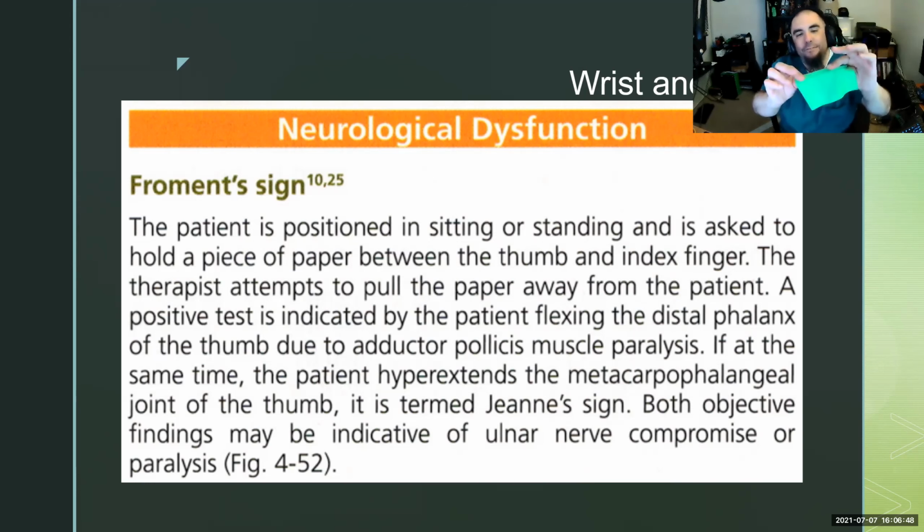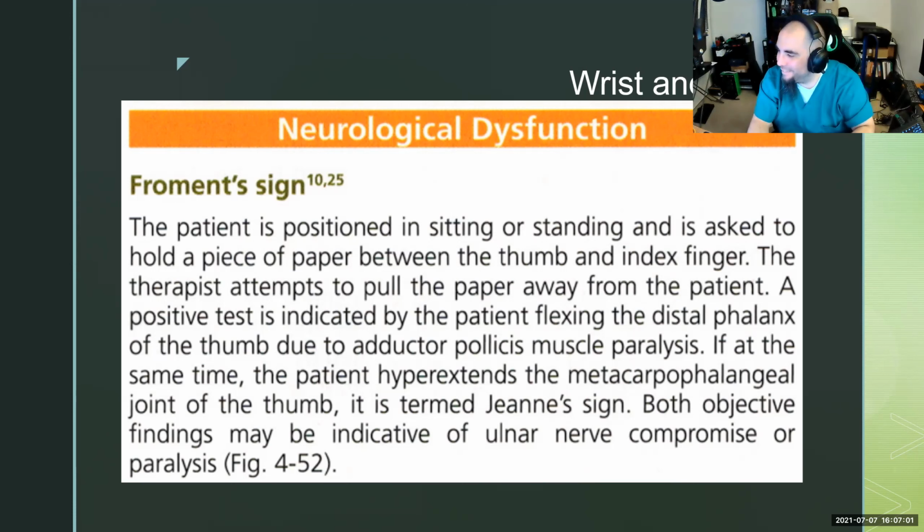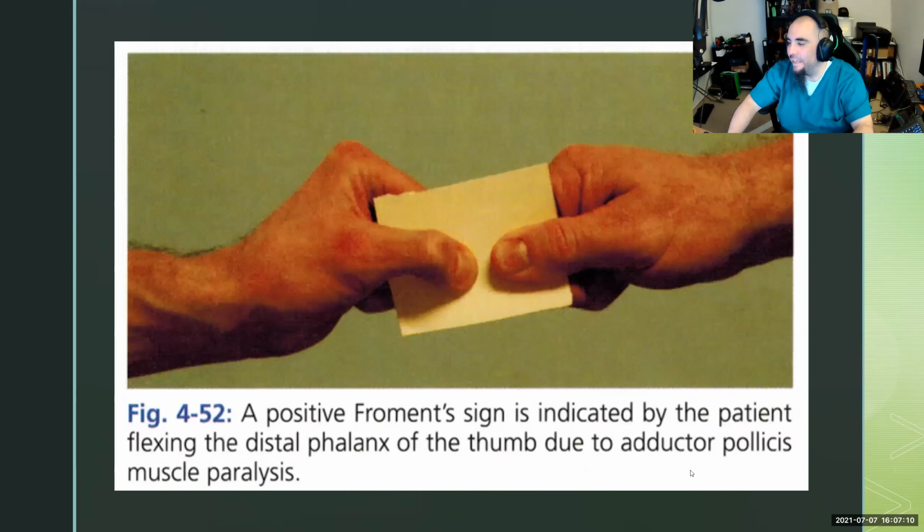If I do that on my left side, I automatically start flexing that distal phalanx because I know I'm weak on that side. If I just let it go, I don't have the strength to resist the pull. It can be indicative of nerve compression, and can be indicative of all kinds of things as well. So it's just kind of looking at that sign.